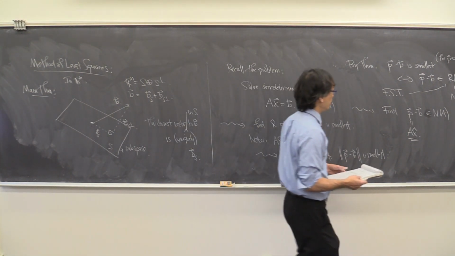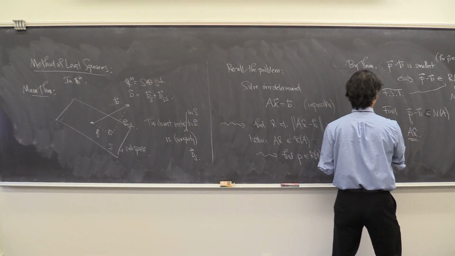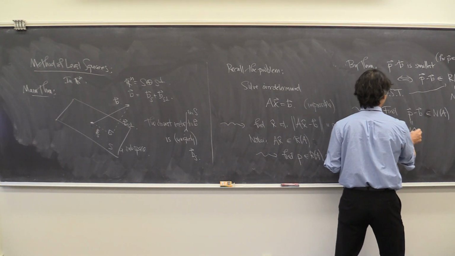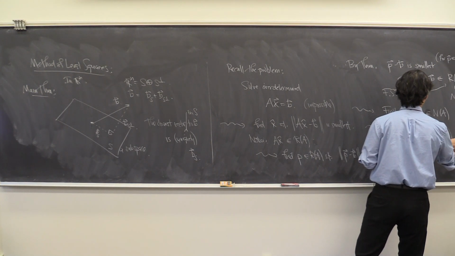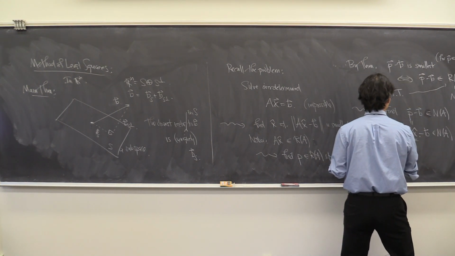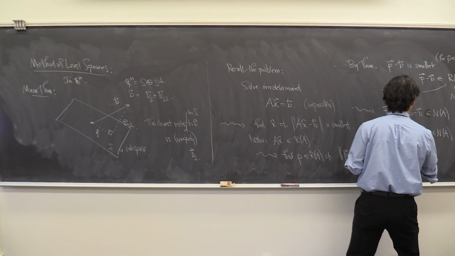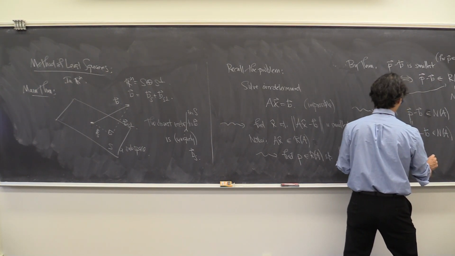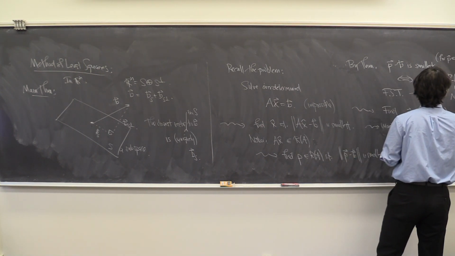So we want X hat such that AX hat minus B is in the null space of A. I'm sorry, null space of A transpose, this is wrong.